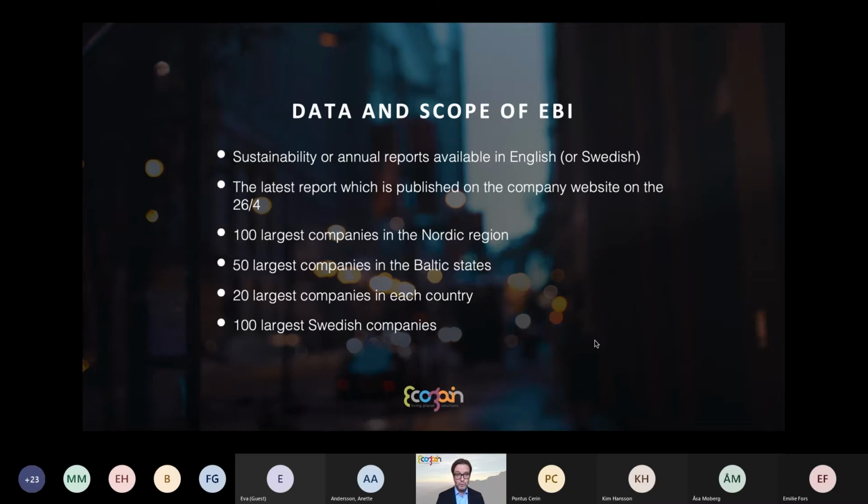The latest report is published on the company website on the 26th of April, and we launched and marketed this on the Biodiversity Day, the 22nd of May, meaning we need the reports to be published by the 26th of April. We also have the scope of the 100 largest companies in the Nordic region, the 50 largest companies in the Baltic states, the 20 largest companies in each country, and the 100 largest Swedish companies.